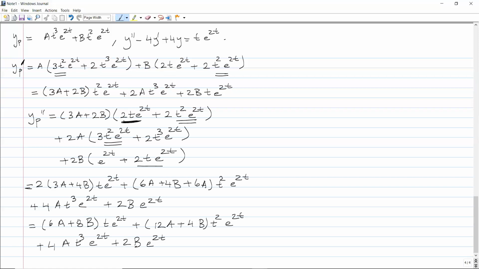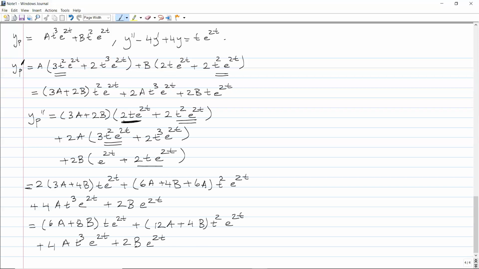So we need only 2 equations to solve for a and b. That means I obtained 4 terms here, but I should have obtained only 2 terms. So 2 of the coefficients should have been 0, so that I have only 2 terms left, and I can write the 2 equations to find my constants a and b.